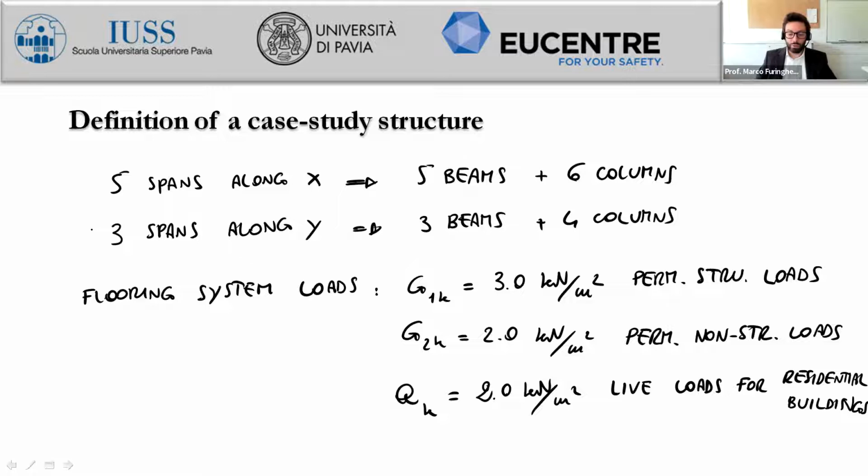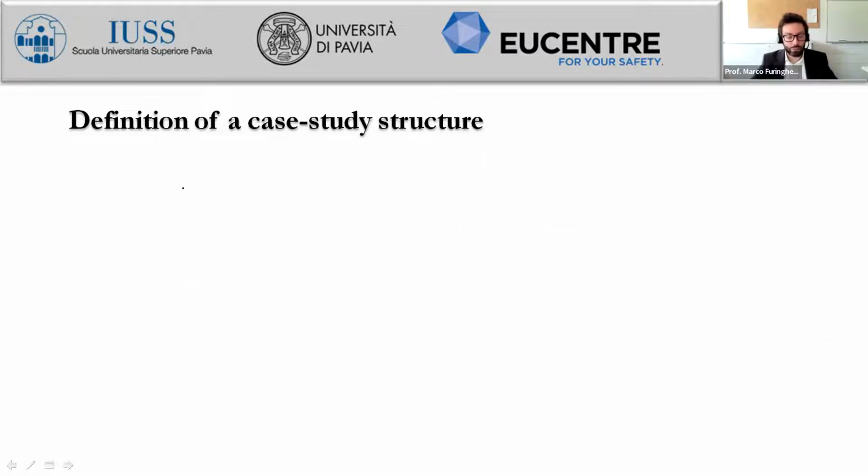So we have to define the span length for both directions. For the sake of simplicity, we will consider different spans for X and Y, but equal spans for all the beams along the same direction.